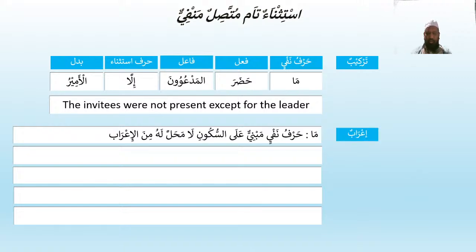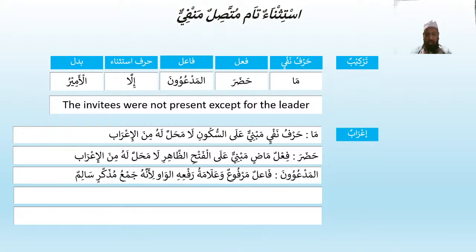So إعراب of ما: حرف نفي مبني على السكون لا محل له من الإعراب. حضر فعل ماض مبني على الفتح الظاهر لا محل له من الإعراب. المدعوون فاعل مرفوع وعلامة رفعه الواو لأنه جمع مذكر سالم. إلا حرف استثناء, because this alif is hamzatul wasl, you need to join the lam to the sin: حرف استثناء مبني على السكون لا محل له من الإعراب.